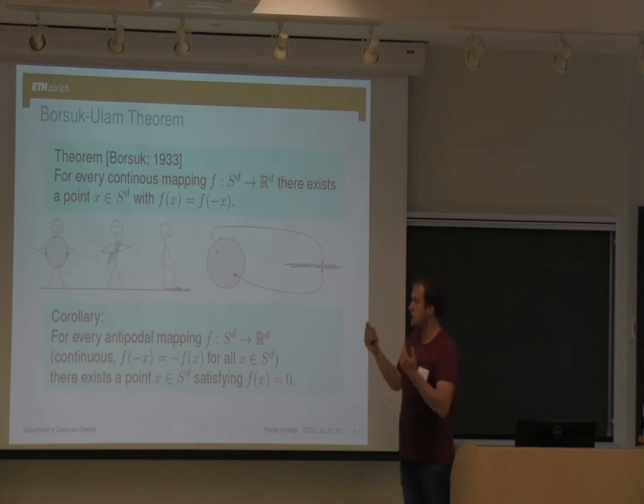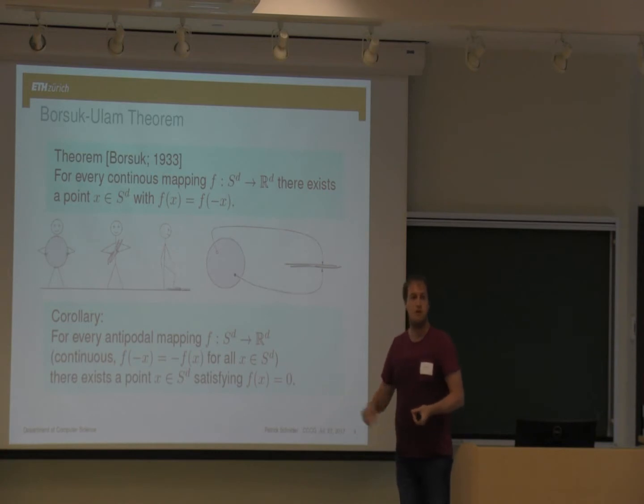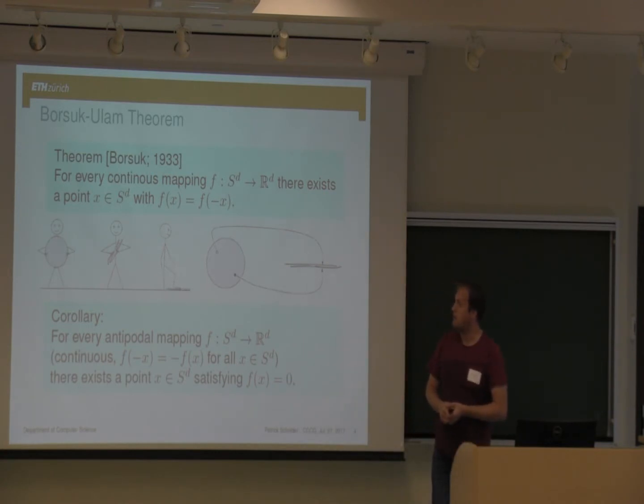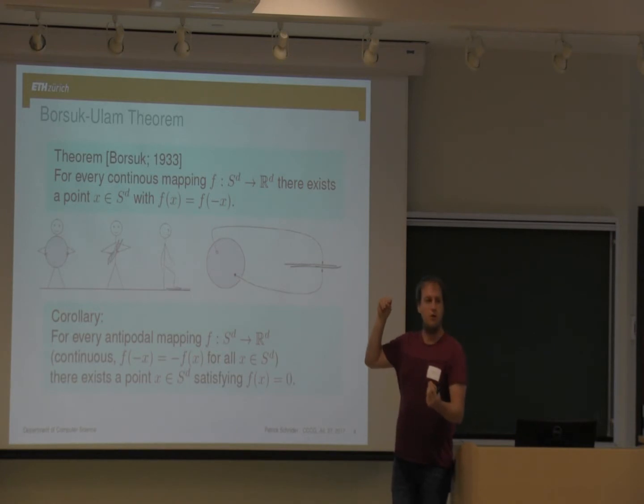So what does that mean? Let's think about the 2-dimensional sphere. You have some kind of a ball in your hand. Then you crunch this ball until it is flat, and you can put it into the 2-dimensional plane. And then there will be 2 antipodal points on this ball that are going to lie on the same point on your plane. No matter how you crunch it, this will always exist.